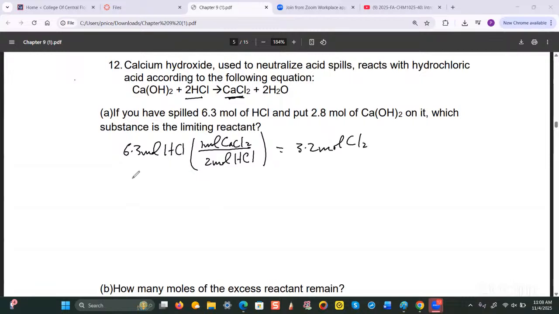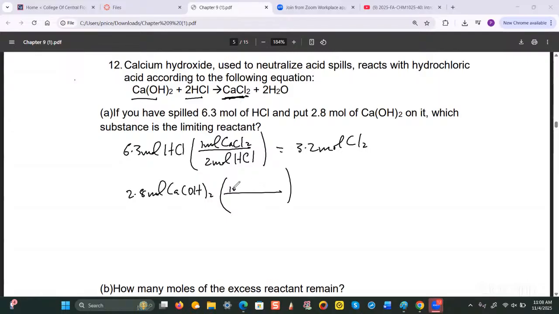And then I'll do something similar starting off with the 2.8 moles of calcium hydroxide. And I will multiply that by, again, looking at the mole ratio, this time between the calcium hydroxide and calcium chloride, that would be a 1-to-1 mole ratio.